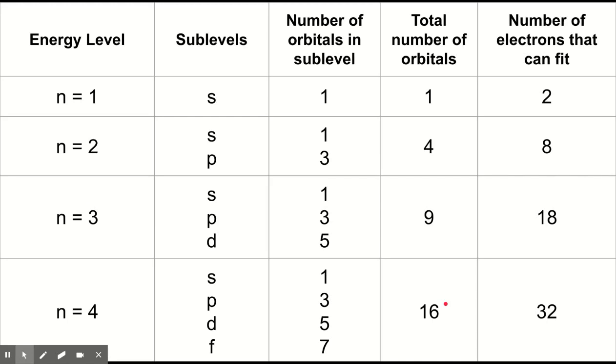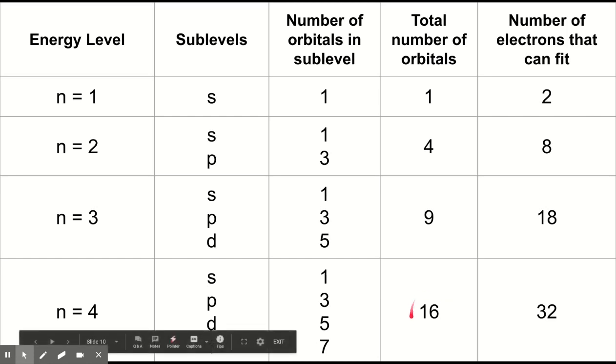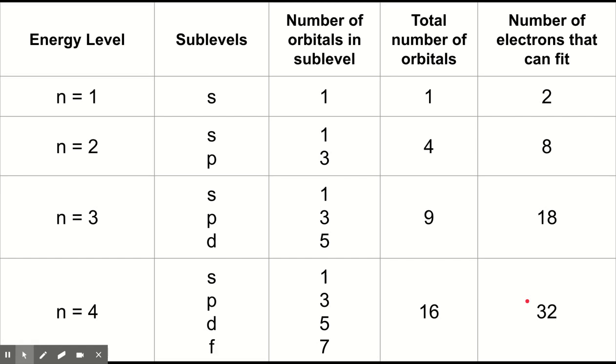Okay, so the fourth energy level contains the sublevels S, P, D, and F, and so that is 1, 3, 5, and 7 orbitals respectively. In all, the fourth energy level contains 16 orbitals, which times 2 gives you 32 electrons that can be held in the fourth energy level.